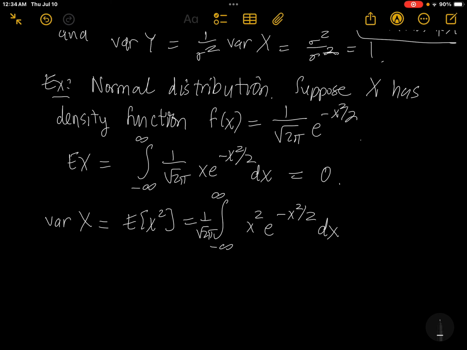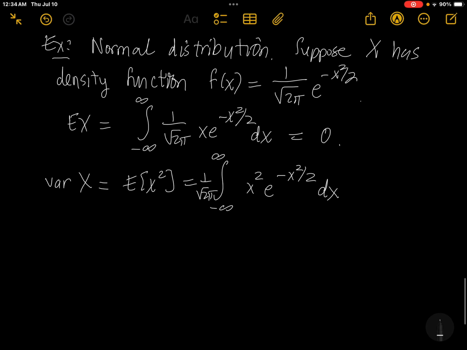I'm going to skip the steps because this is really just calculus. But the idea, hopefully we recognize, is to use integration by parts.